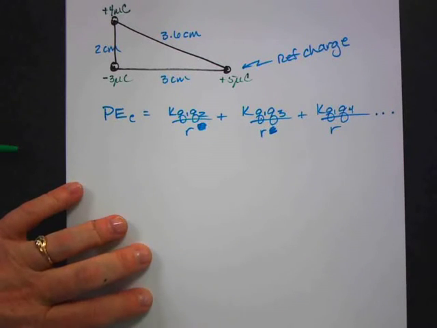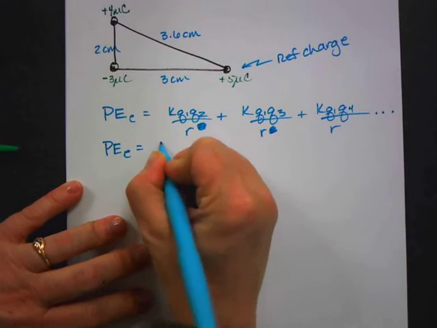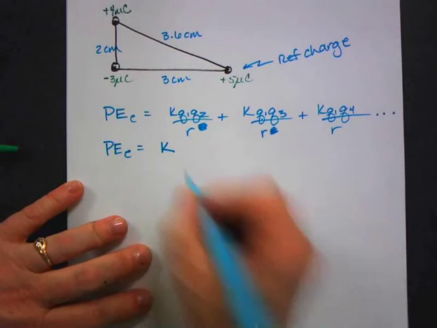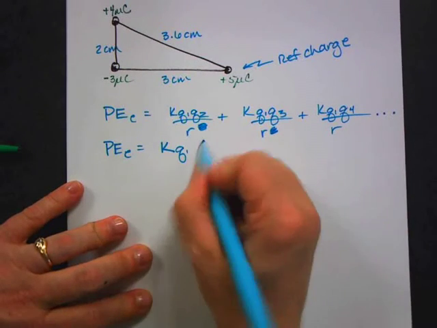All right, so let's solve this one. If my reference charge is the 5, then that's going to be Q1 in all of these. And the other value that gets repeated is K. Now, R can change, so here's a shortcut.